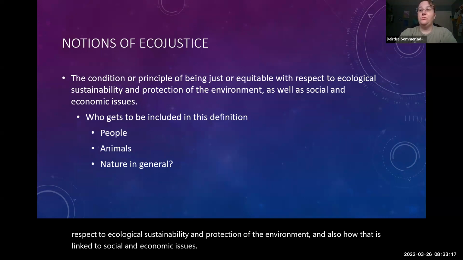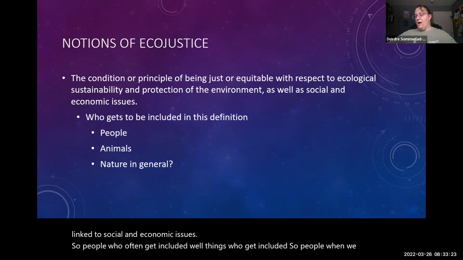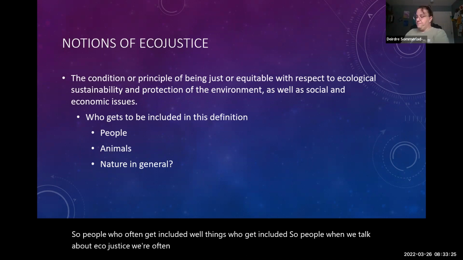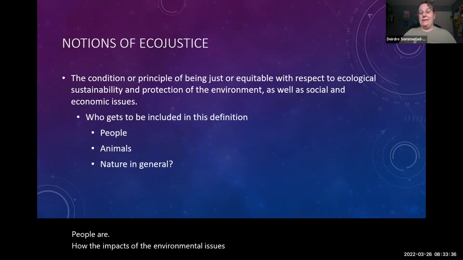So people who often get included, well, things that get included. When we talk about eco-justice, we're often talking about how the impacts of environmental issues are unequally distributed across populations.